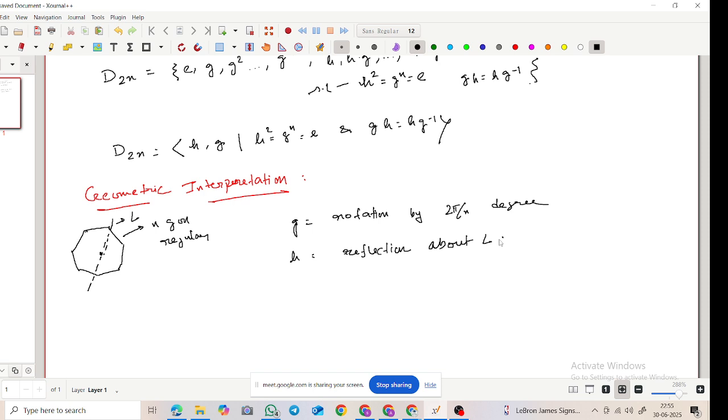Okay, and we are representing h by the reflection, because h square is identity, as you can see. You take two consecutive reflections, you get back the original figure.